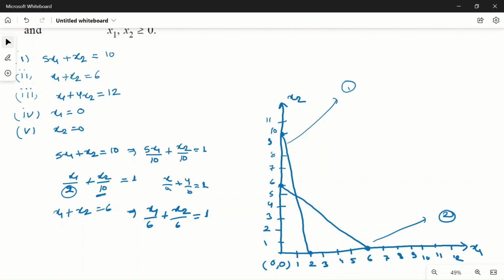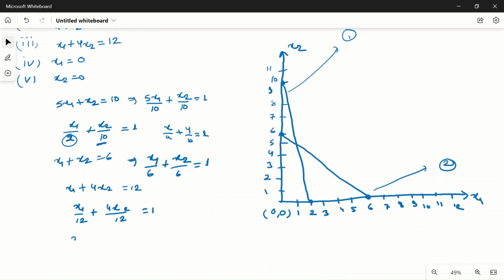What is our third constraint? x1 plus 4x2 is equal to 12. We will divide by 12: x1 by 12 plus 4x2 by 12 is equal to 1, which becomes x1 by 12 plus x2 by 3 is equal to 1.